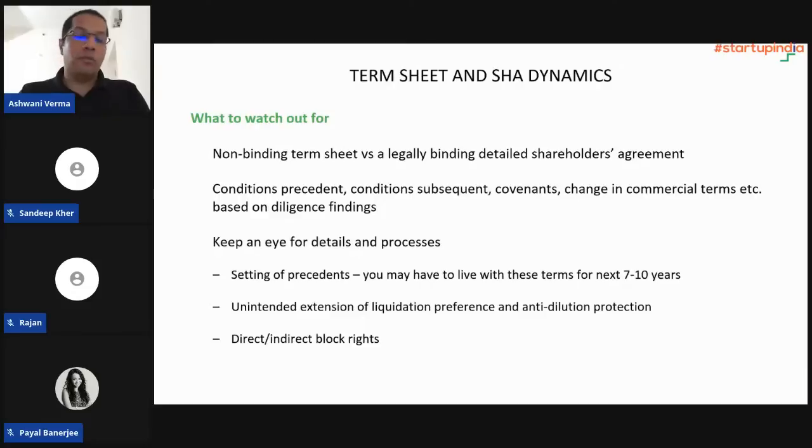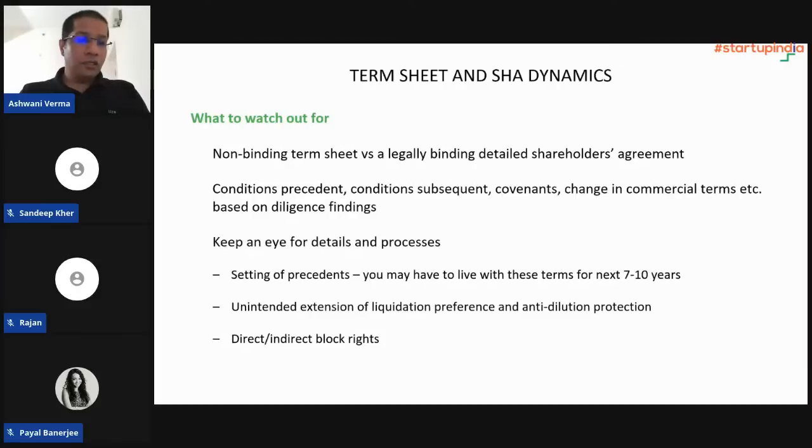And then there is a possibility that basis the due diligence process, the commercial terms are also revised. This may also extend to the valuation or the shareholding and some other key obligations which can be imposed on the company in relation to their business operations.